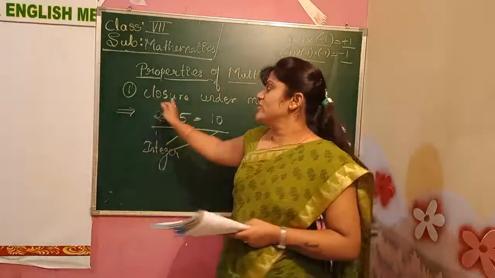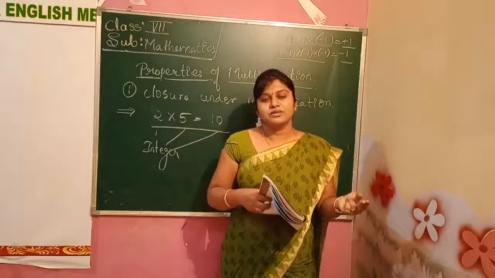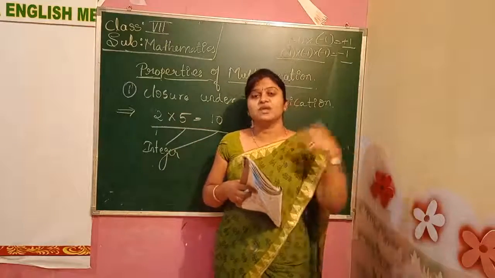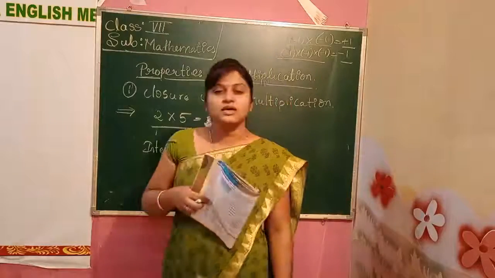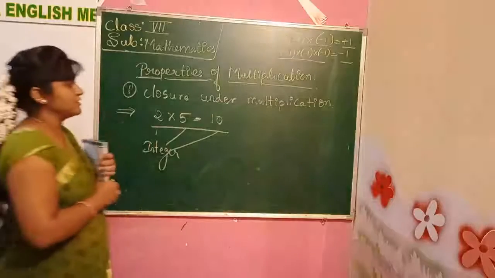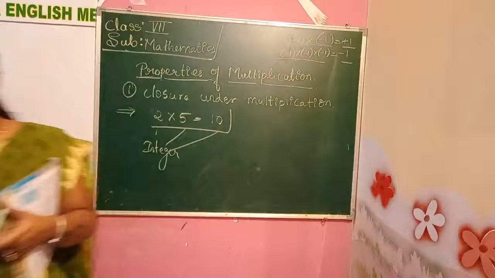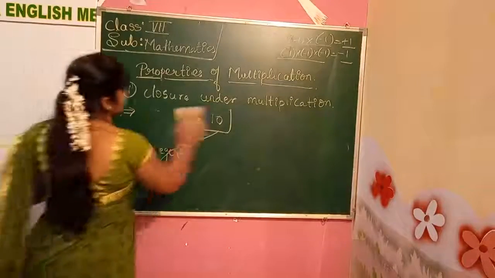This closure property holds in addition also, children. I told you, when we add or subtract two integers, we get an integer itself. Here also it is the same. I will write it in the statement format.